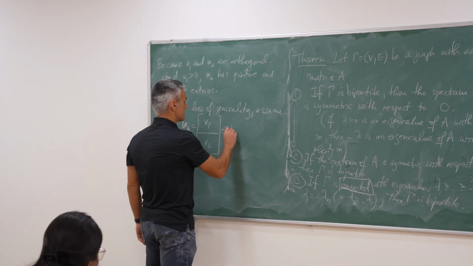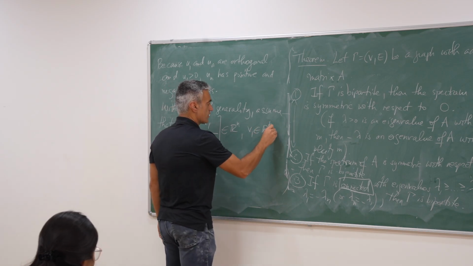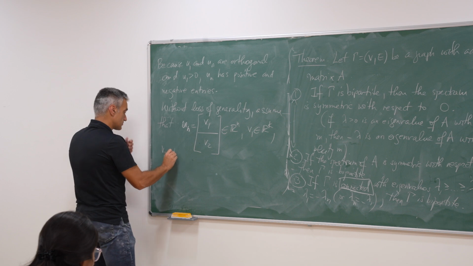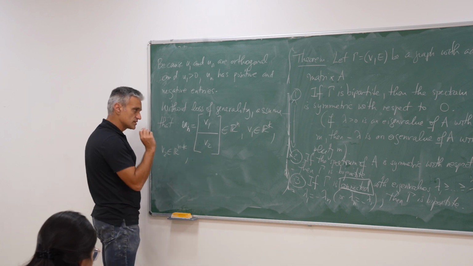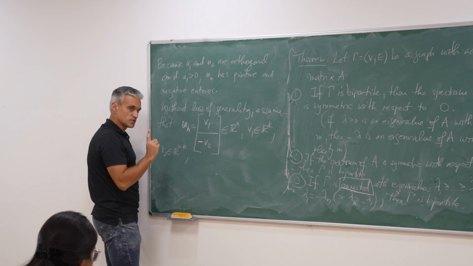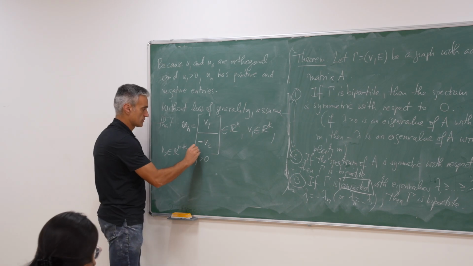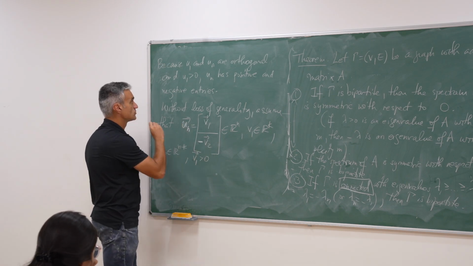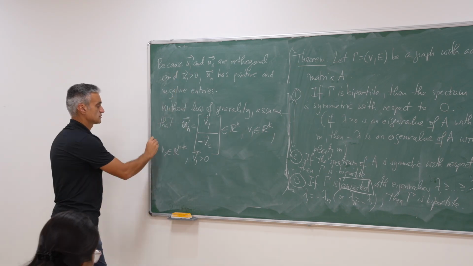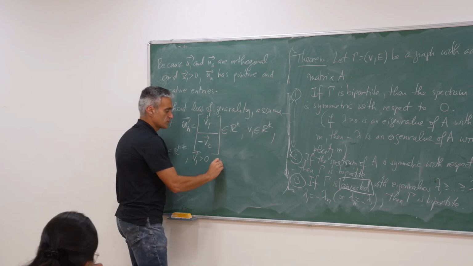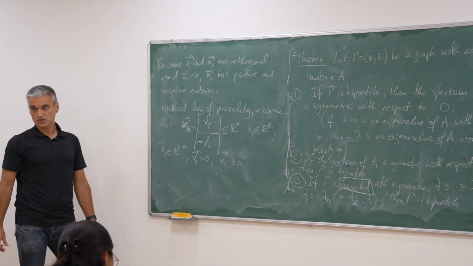So this is in R^n, where v1 belongs to R^k, v2 belongs to R^(n-k). I will make this minus v2. So v1 is positive entry-wise, and v2 is greater or equal to 0. Okay, so you can write it like this.